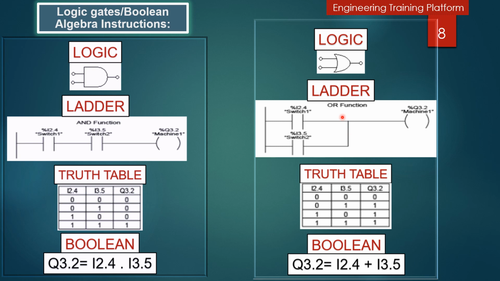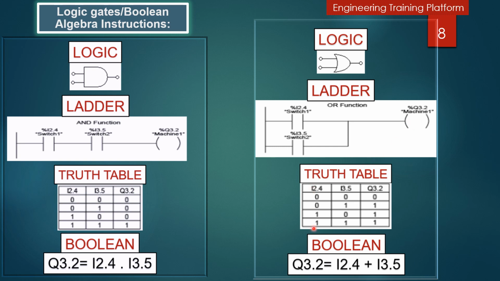The OR gate represents the plus sign. These are input number 1 and input number 2. When you add these values, the output result will come. In the ladder logic, for the OR gate operation, the connections will be in parallel. When any of these connections is normally closed, the output will be operated.